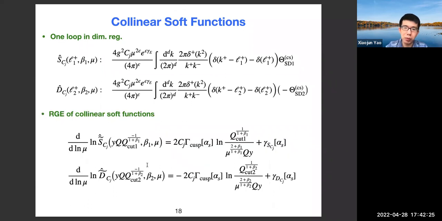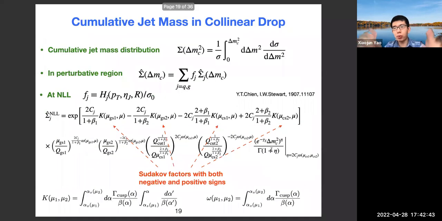We can obtain the renormalization equation for this collinear soft function in this position space or Laplace space. And again, it depends on some cusp anomalous dimension with some logs and also some non-double log terms which vanish at one loop. And then we just put all pieces together and we obtain a factorization formula at next to leading log.